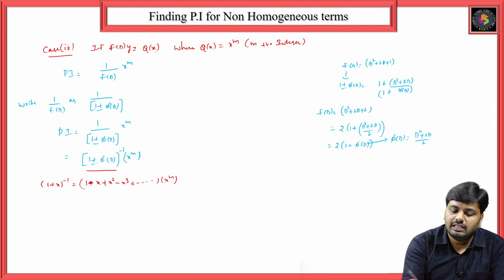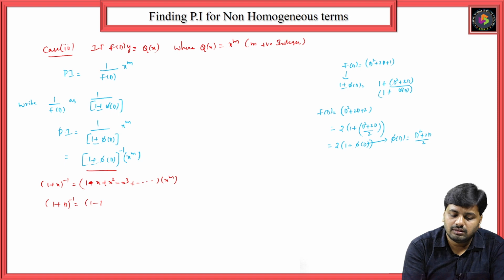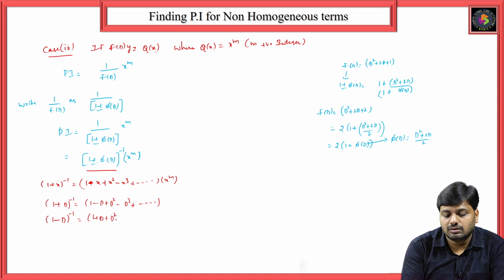For the D case, the formula is 1 by 1 plus D whole power minus 1, that is 1 minus D plus D square minus D cube and so on. Similarly 1 minus D whole power minus 1 is 1 plus D plus D square plus D cube and so on.